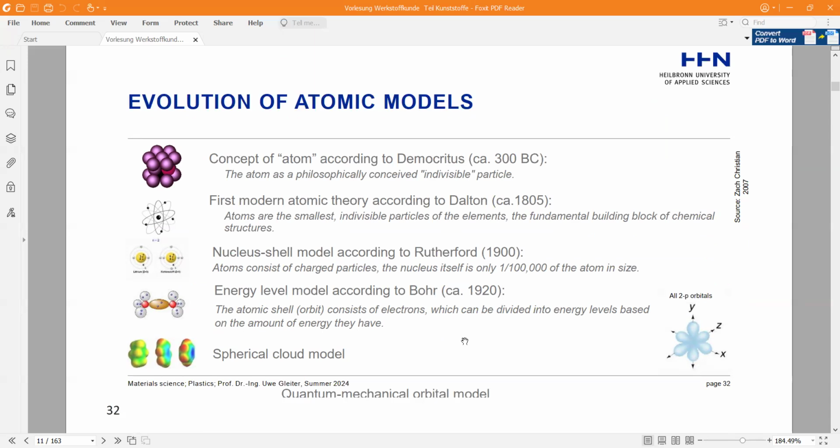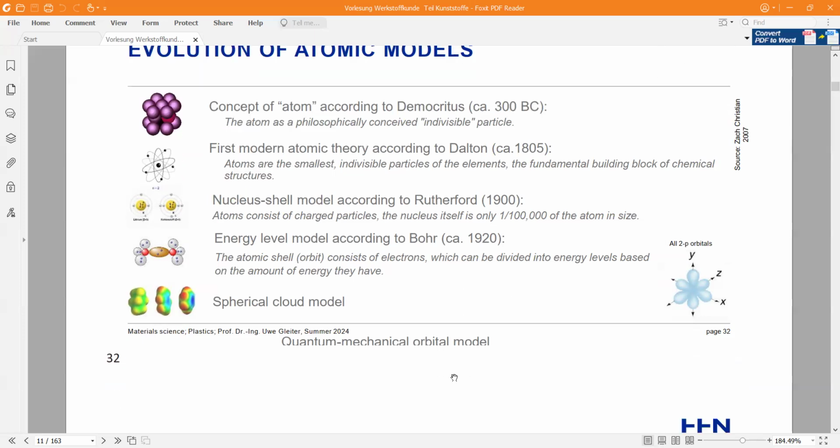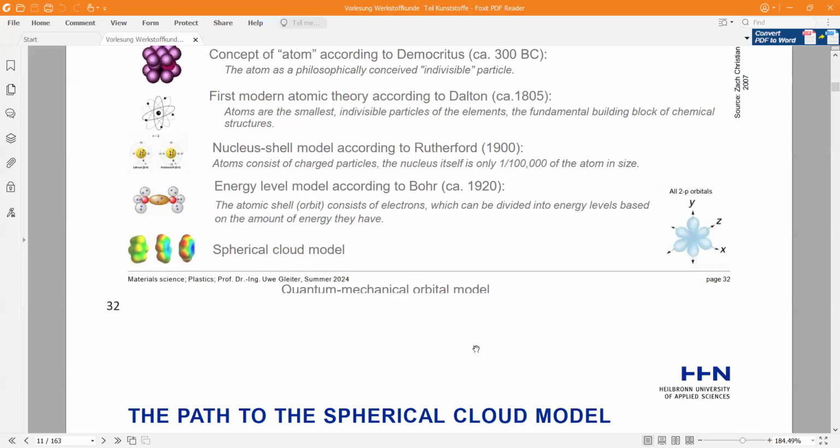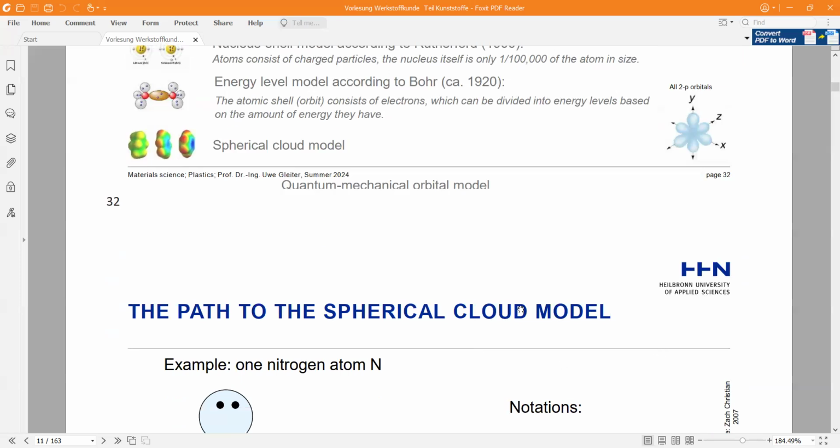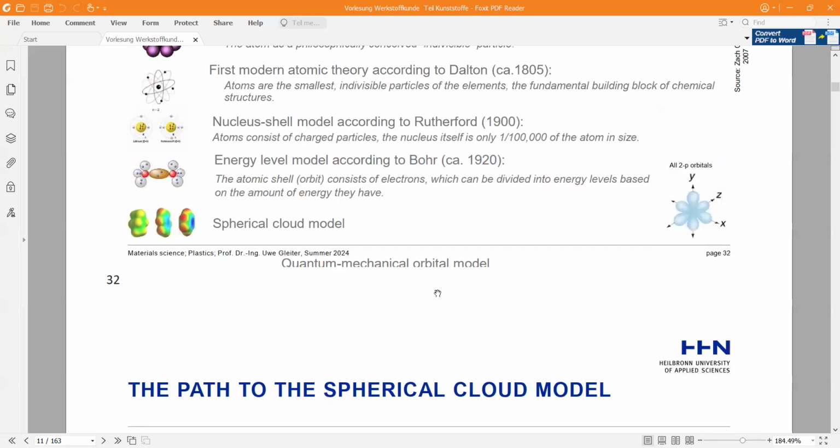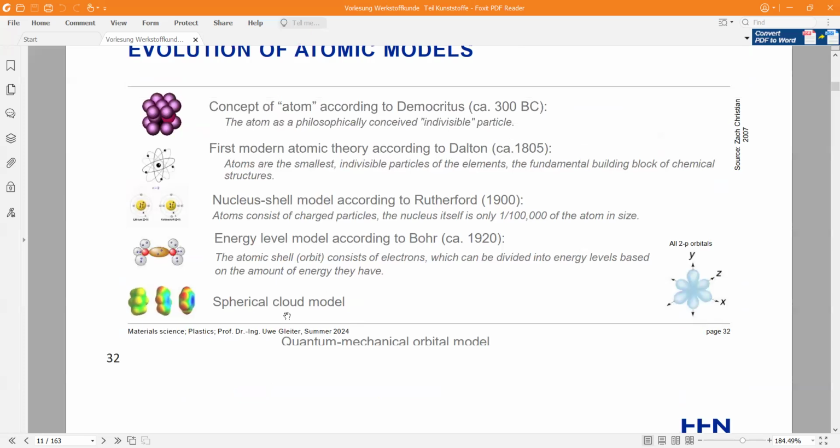So we have here the concept of the atom. The history of atomic models has changed: Democritus, the first modern atomic theory according to Dalton, the nuclear shell model according to Rutherford, the famous energy level model according to Bohr, and the spherical cloud model. There are definitely more types of them, but here are only the main ones.